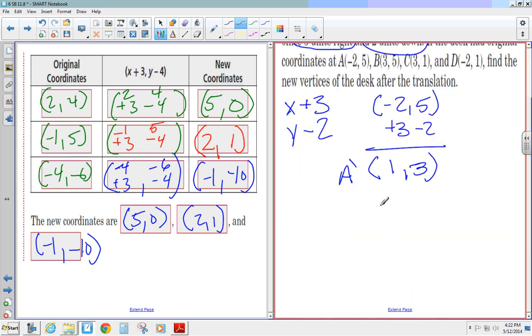B, 3, 5. And, like before, we're adding to x because it's to the right.